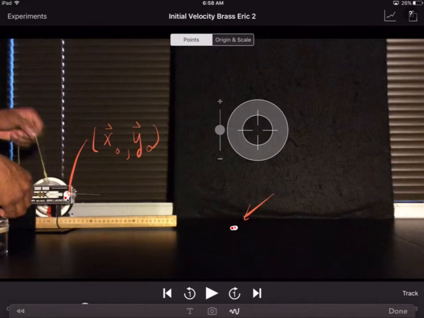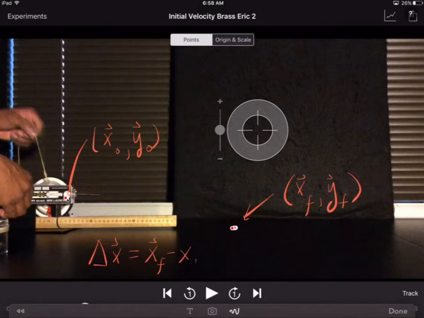These positions here are our final x's, our final position in x, and our final position in y. So we mentioned delta x before, and we know that this is just our final position minus our initial position. And we also mentioned delta y. This is just our final position in y minus our initial position in y. And we have those two equations, if you remember, that we're going to use.